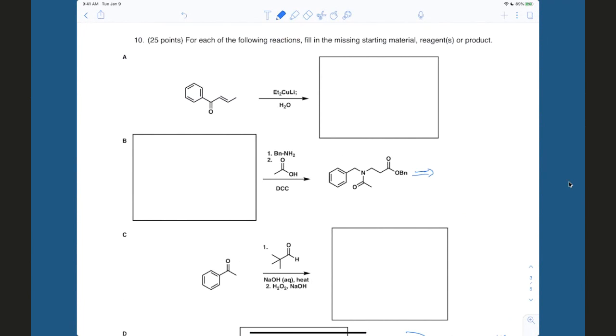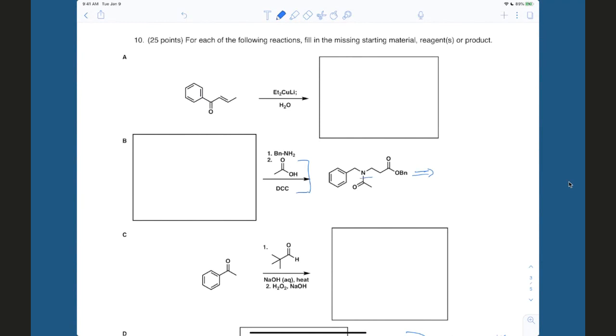So if we go backwards from the acetic acid DCC step, what will this intermediate be? The amide would become an amine.